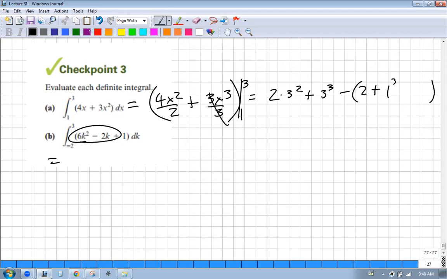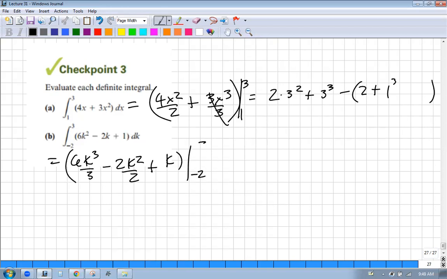Same thing here. This guy becomes 6k cubed over 3. This becomes 2k squared over 2. And that becomes k. And we're evaluating from -2 to 3. So plug in a 3. The 6 over 3 is 2. Replace the k with a 3. 2 over 2 is 1. Replace the k with a 3.